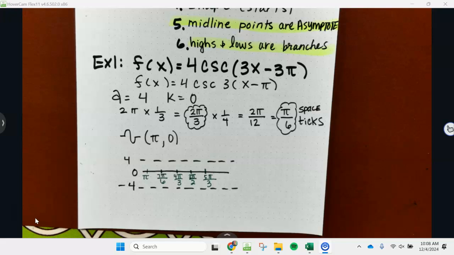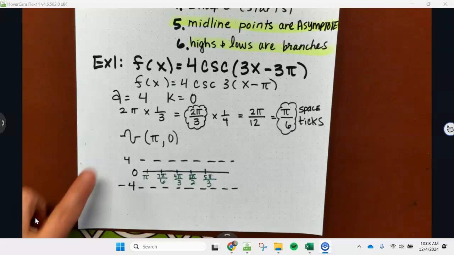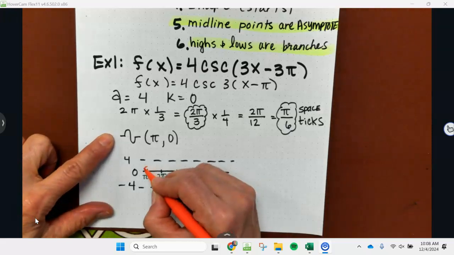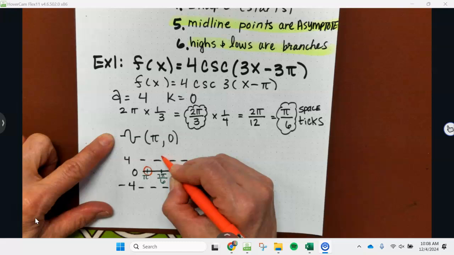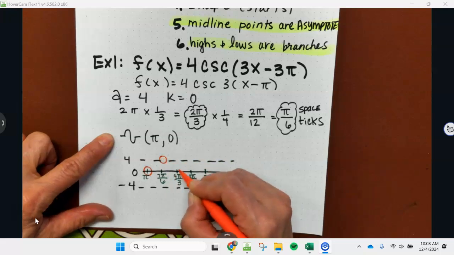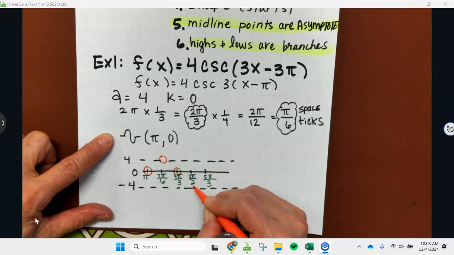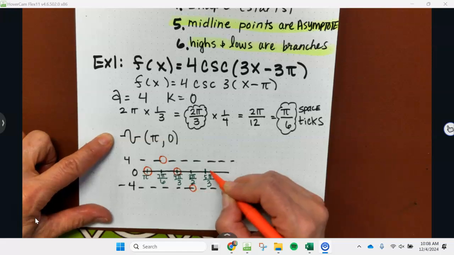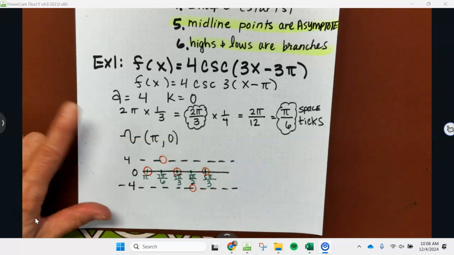All right, here's where the fun begins because we're drawing a skeleton. So there's our tick marks. We're going to draw the skeleton of sine, open circles. So sine starts in the middle, open circle. Then it goes up, open circle. Then it goes to the middle, open circle. Bottoms out at 3 pi over 2. Sine always ends in the middle.